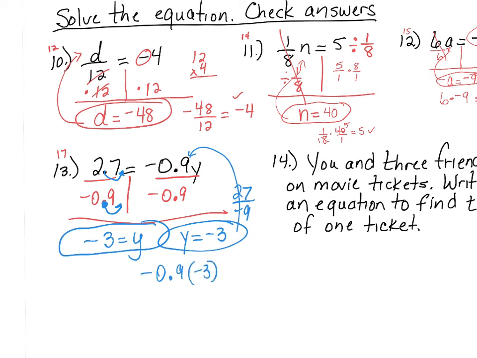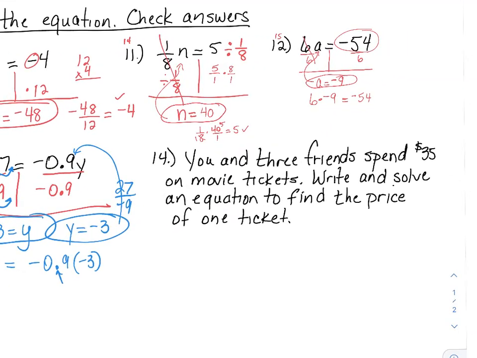A negative times a negative is a positive. Good. 9 times 3 is 27, right? And then we have to move this decimal point back one place. So I get 2.7. Is that what I wanted? Yep.